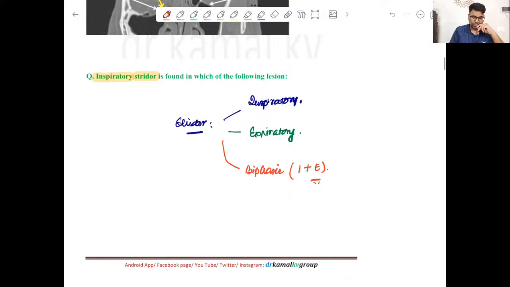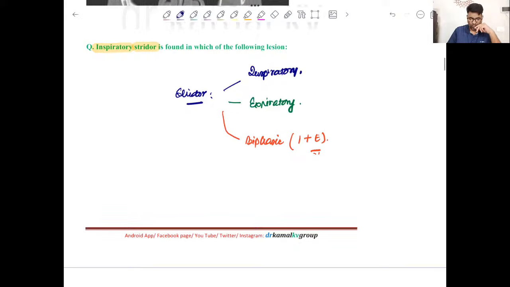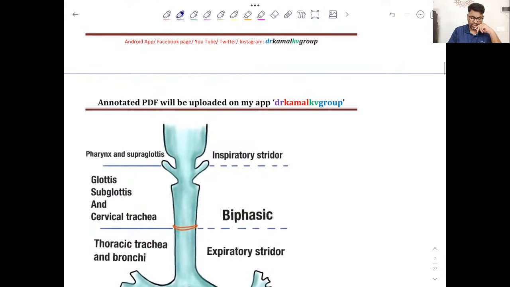Whenever the word is inspiratory, this is usually related to the area above the vocal cord. So it is supraglottis, right? Supra is above, glottis is of course the vocal cords. If there is any obstruction or compression in this particular area, when the patient breathes in, it will produce sound, that is inspiratory stridor, right?